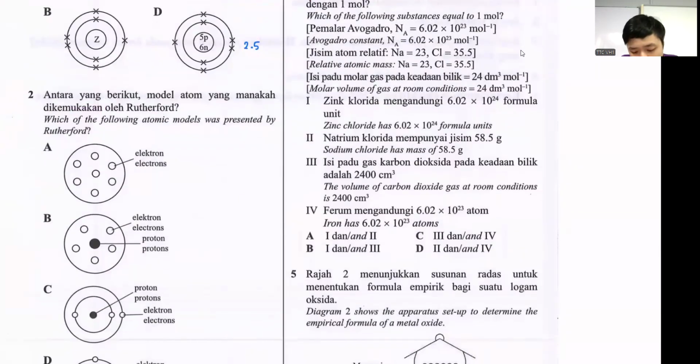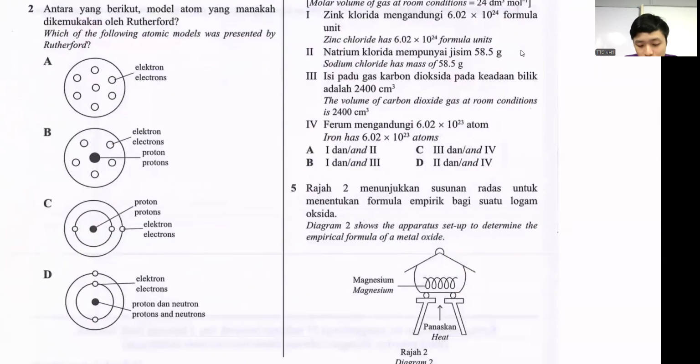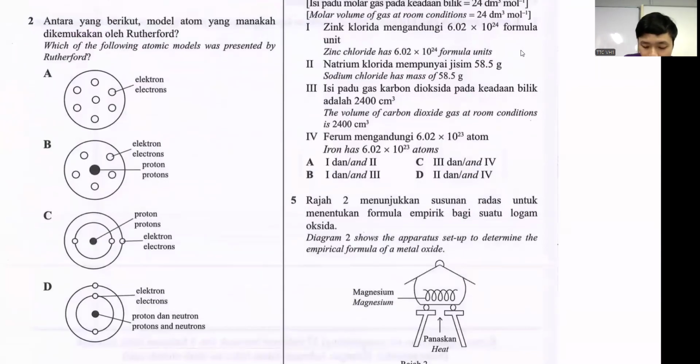Okay, question 2. Which of the following atomic models was represented by Rutherford? I teach you a shortcut. You can remember it as "Da T Rip Bo Chan". DA stands for Dalton.